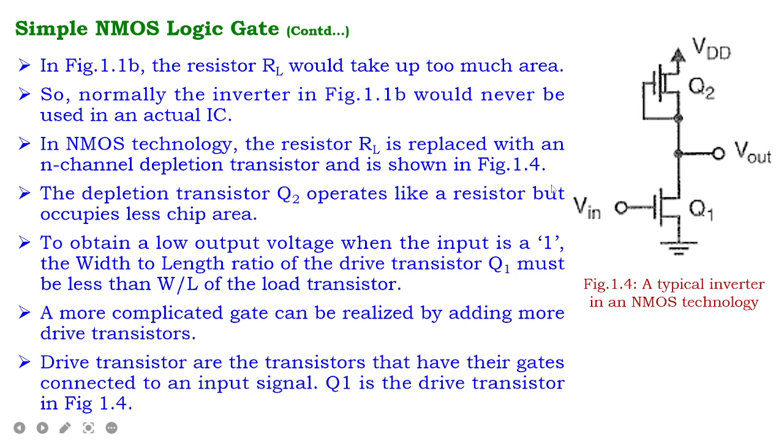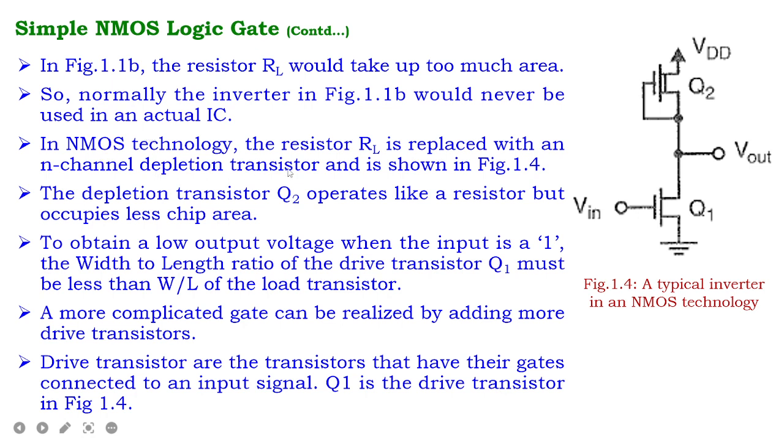In figure 1.1b, the resistor RL will take up too much area, because in construction the resistor takes a large amount of area, so it needs to be replaced with n-channel MOS transistors. So normally the inverter in figure 1.1b would never be used in actual ICs.